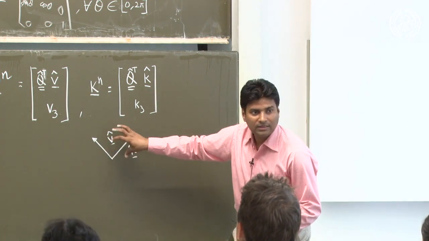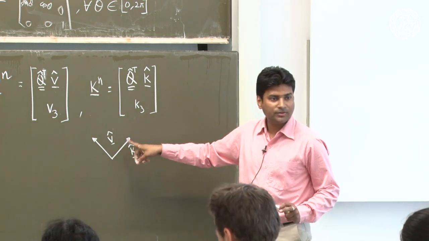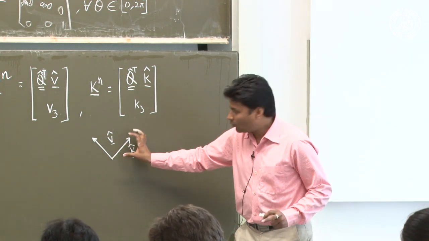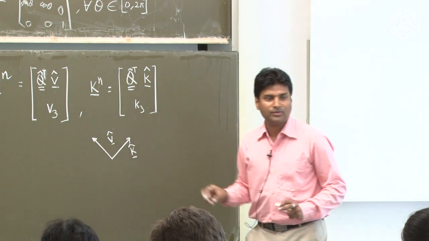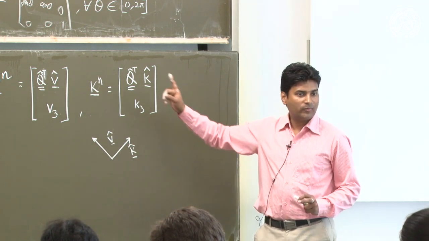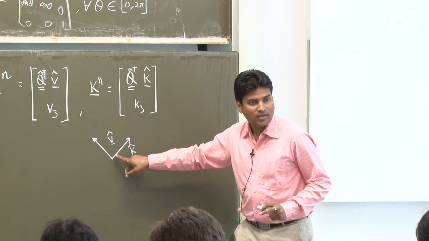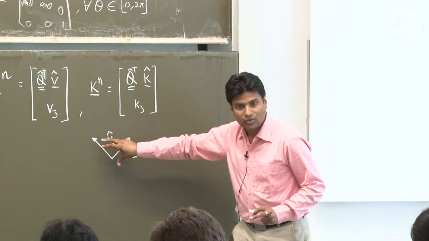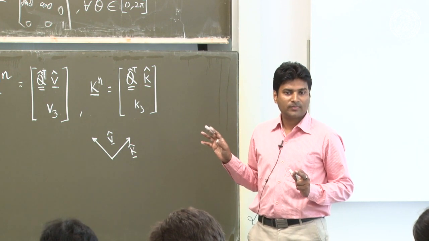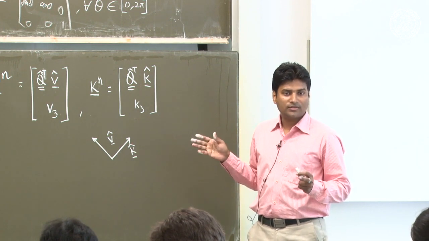The angle between them will be preserved and the magnitude of each of them will also be preserved. So what are the invariants?